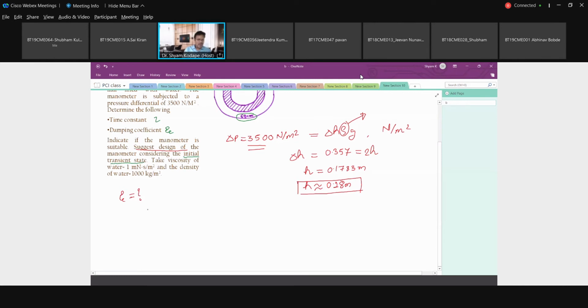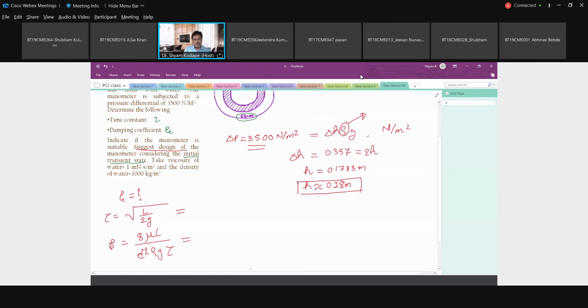Okay, so as far as the U-tube manometer, we have already derived that tau is defined as square root of L by twice G, while psi is defined as 8 mu L by D square rho G tau. So I expect that you could please solve it for me.